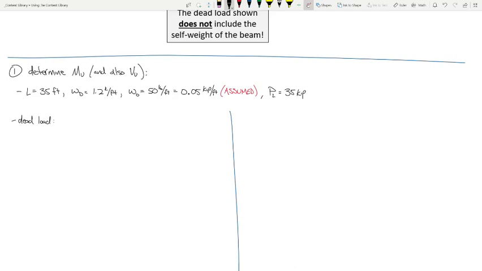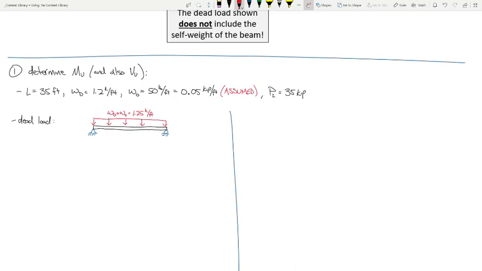So for the dead load, what I've got is a beam that is simply supported, and ultimately what I'm considering is w net, or w dead plus w naught, which is going to be 1.25 kips per foot.